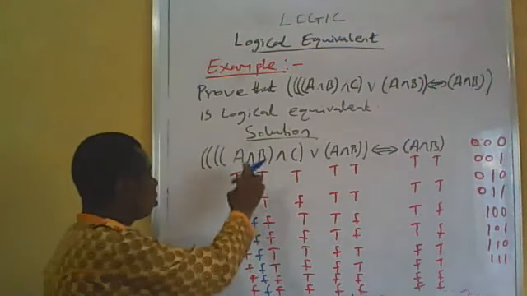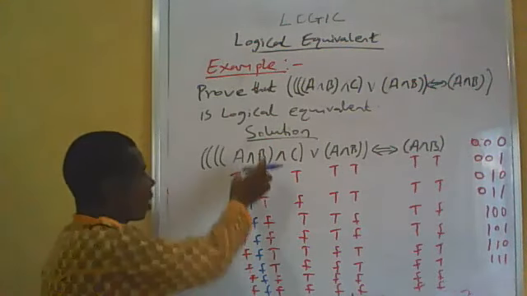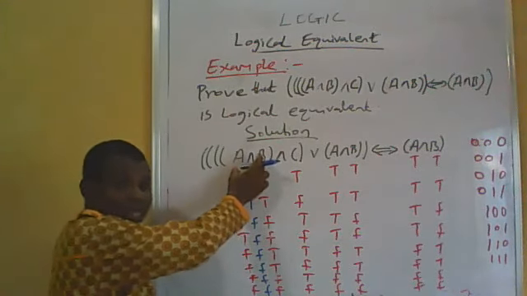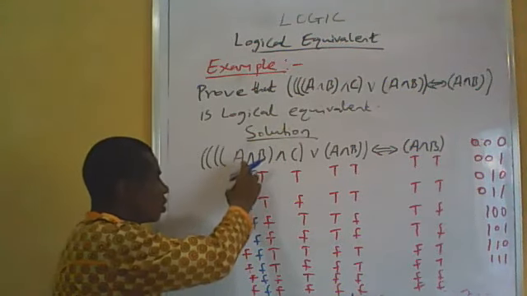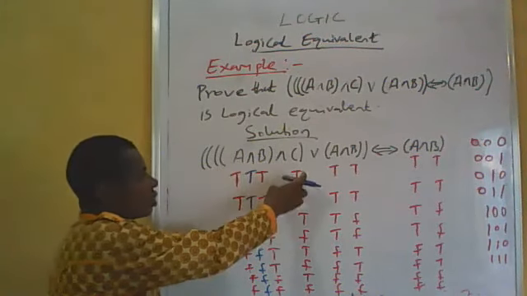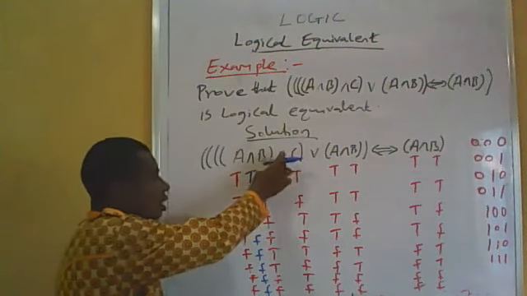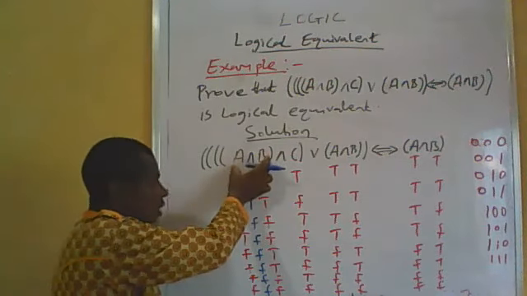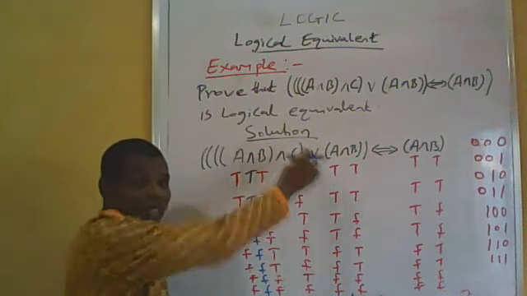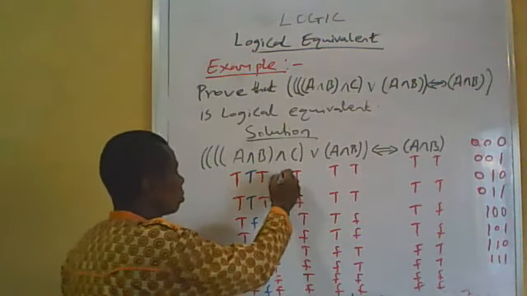That means this one and this one must be true, because this one has now been evaluated as a statement. Now I'm going to look under this conjunction and this simple statement C. So if you do that, you have T, so it is true.